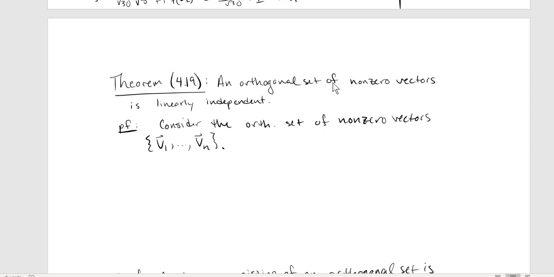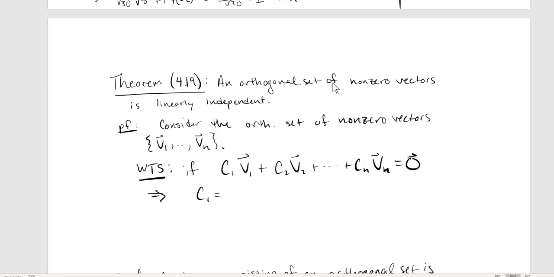We want to show that since these are orthogonal and non-zero, it must be the case that these are linearly independent. And remember, that means we want to show that if we have a linear combination of these guys, and that linear combination equals the zero vector, it implies that all the scalars equal zero, right?